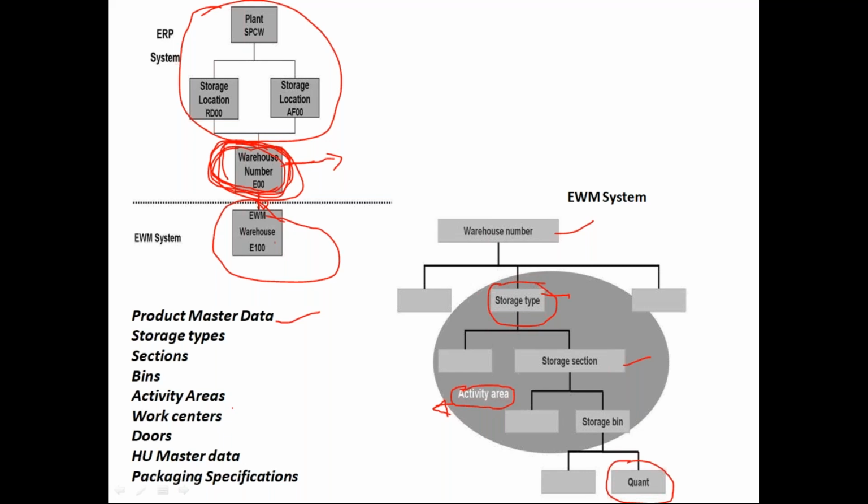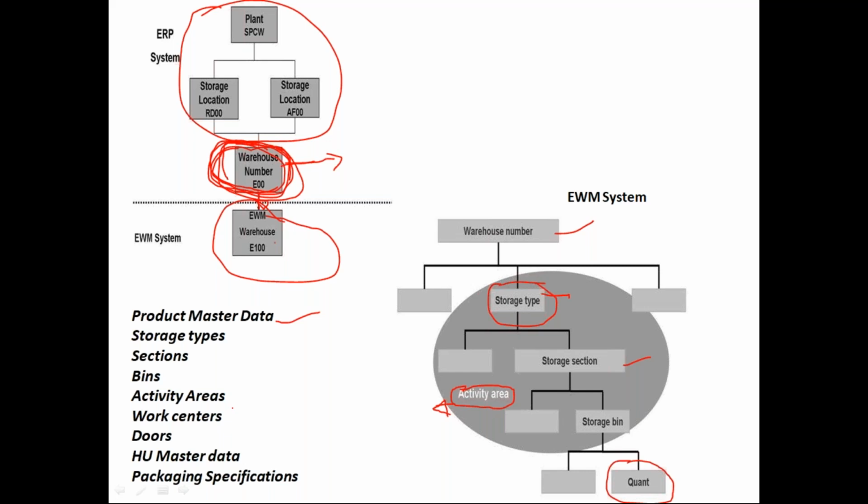Let's say you have 2 storage types. You can club bins of these storage types into one activity area. Even that is possible. You can club bins of different storage types into one activity area, or you can split bins of one storage type into different activity areas. Anything is possible.